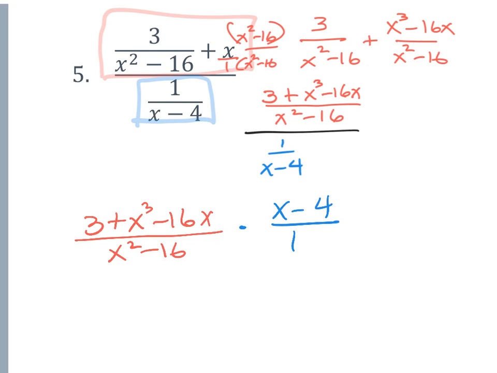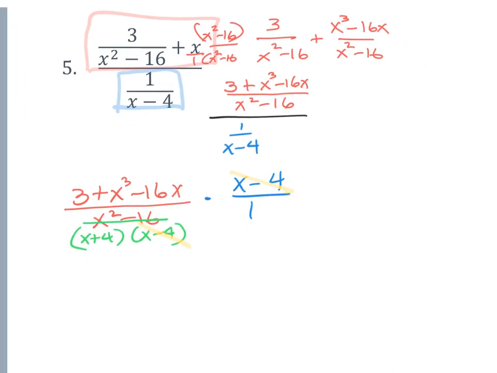Now, notice if you look at it right now, nothing cancels. Remember, when we have a multiplication problem or a division, we need to factor. So I'm actually going to factor this x squared minus 16. It's the difference of two squares. And I'm going to change this to x plus 4, x minus 4. Now I have something that will simplify, the x minus 4. And now I'm going to multiply what remains.